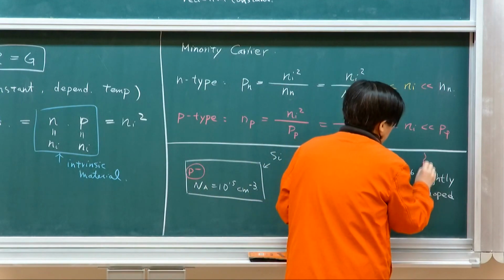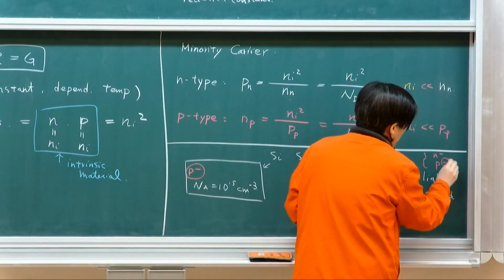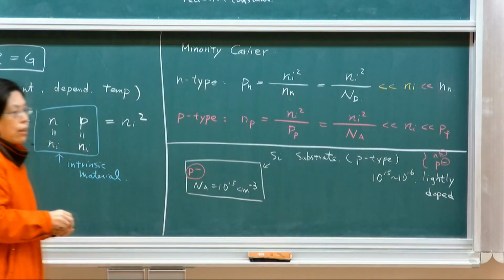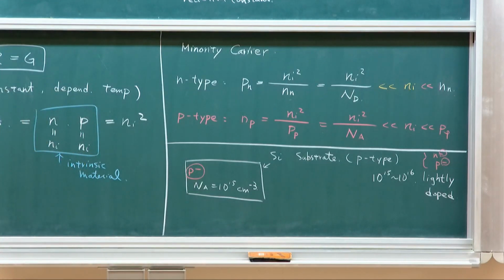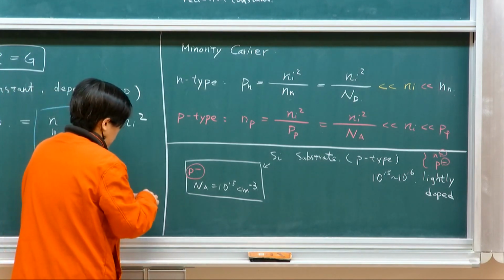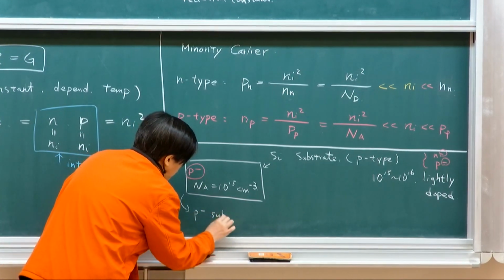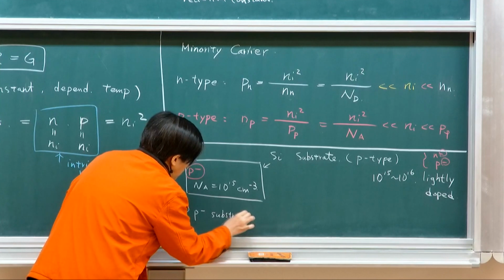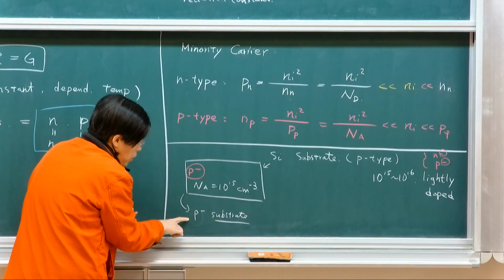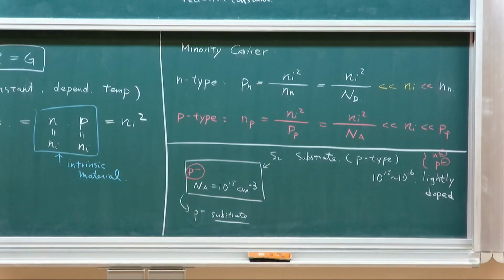It can be N minus or P minus. So the minus sign simply means that it's lightly doped. So you start with a P minus substrate. This tells you that it's P-type doped, but lightly doped, in the range of 10 to the 15 to 10 to the 16th. That's generally referred to as the lightly doped region.